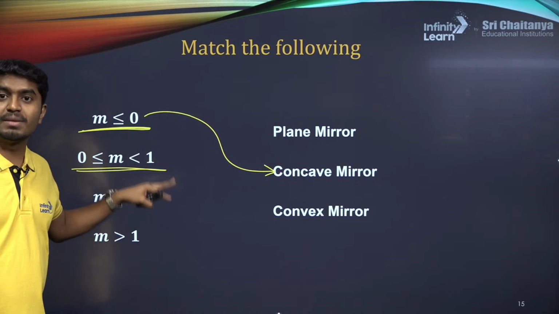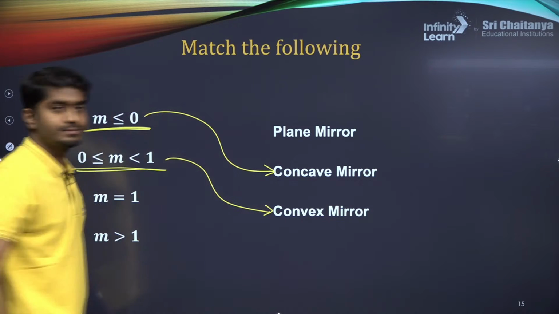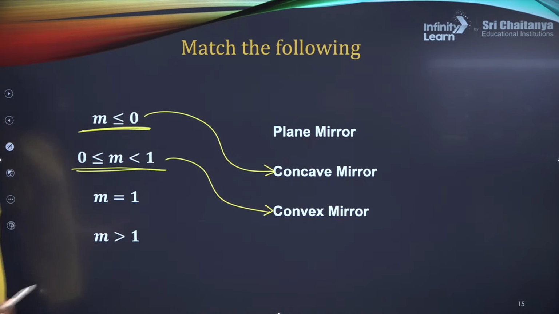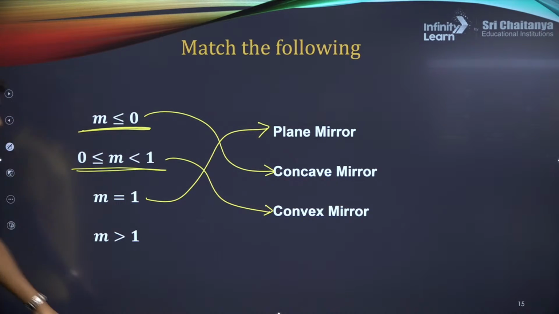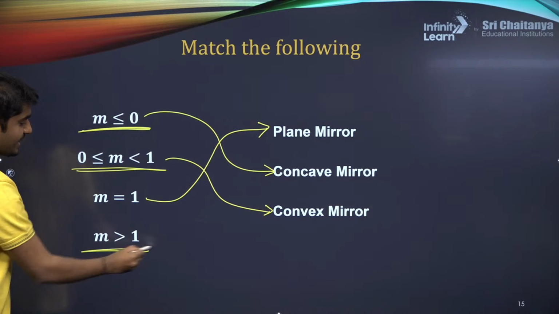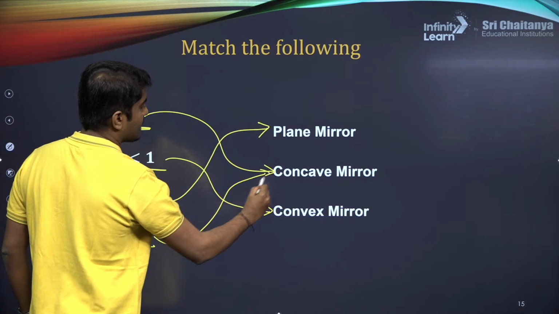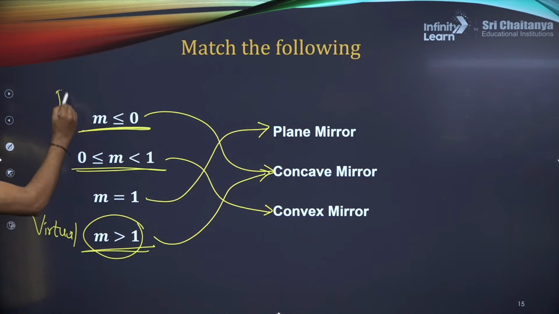It is a convex mirror. Then magnification is equal to plus 1. When do you get magnification equal to plus 1? If it is a plane mirror. And magnification greater than 1 is possible if it is, again, a concave mirror, right? So this is for the virtual image, and this is for the real image.